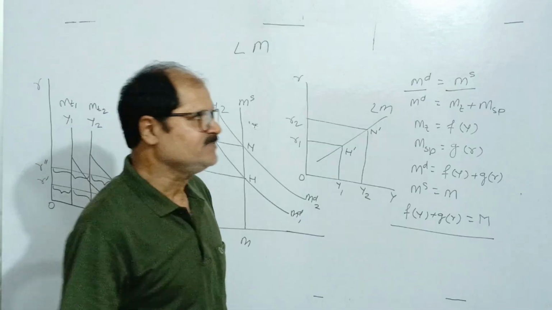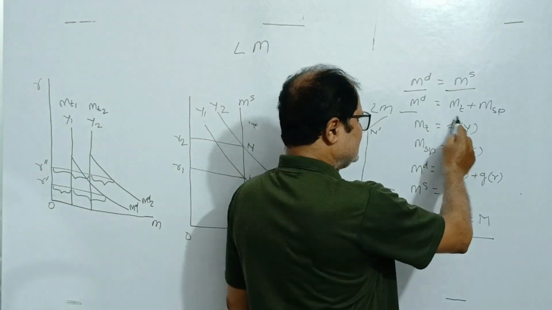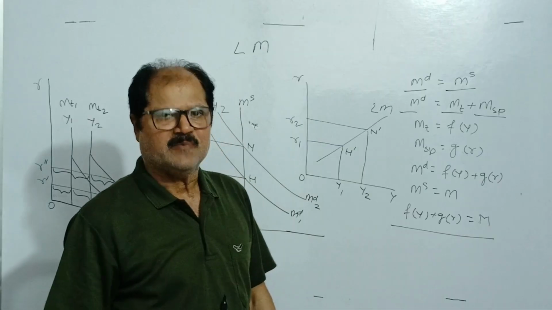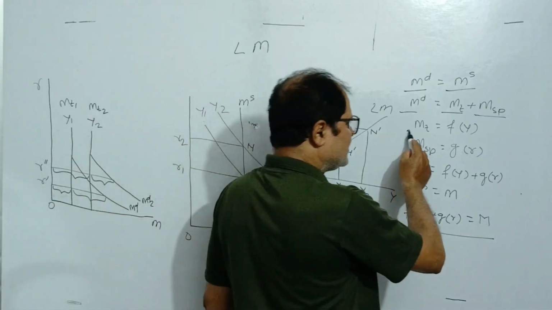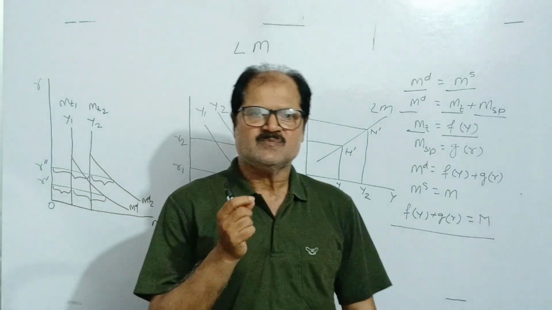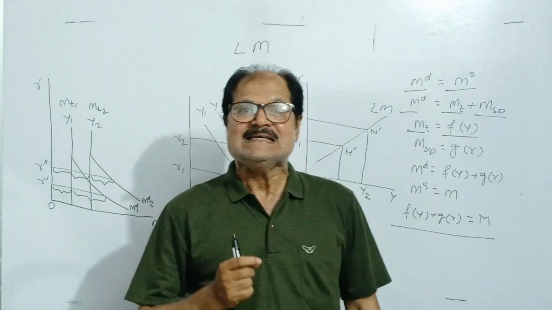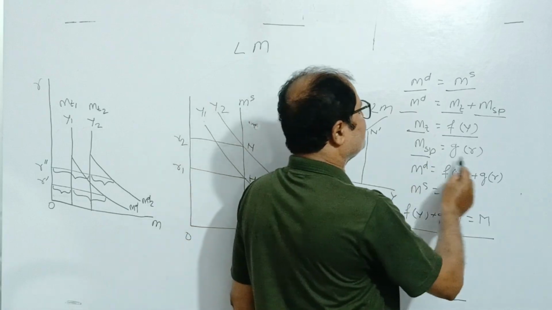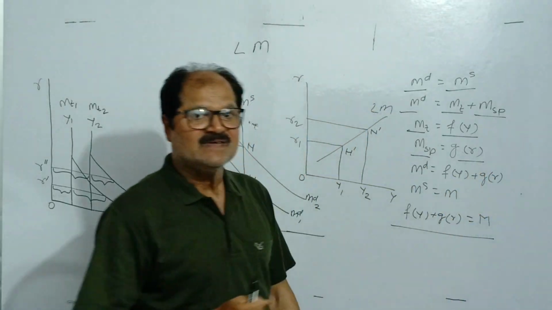In Keynesian system, demand for money is sum of transaction demand for money and speculative demand for money. Transaction demand for money is a function of income. It means a fixed percentage of income is kept for transaction purposes. And speculative demand for money is a function of rate of interest.